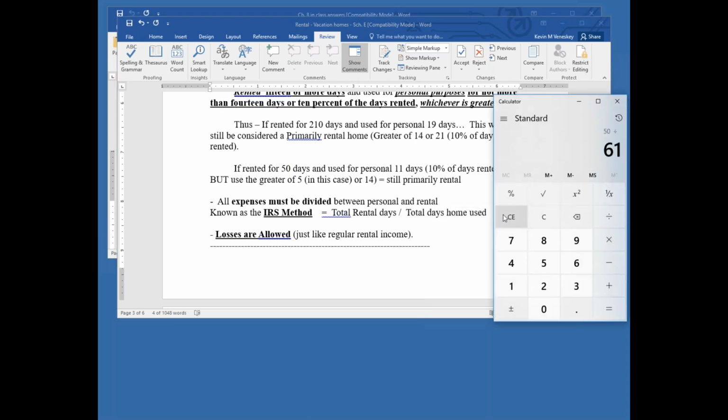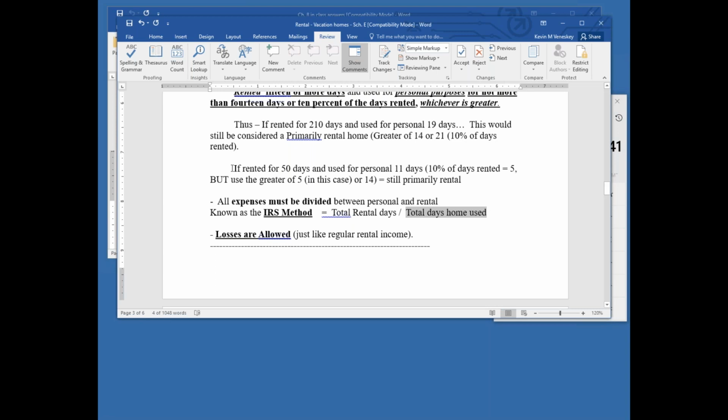So any expenses that I have, 81.9% would go as rental expenses, and I could use that as a deduction. The other 19% I could not use as a deduction because those would be considered personal expenses.